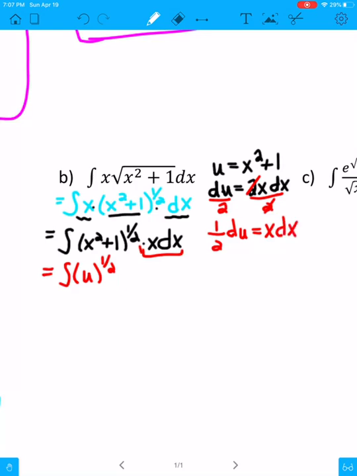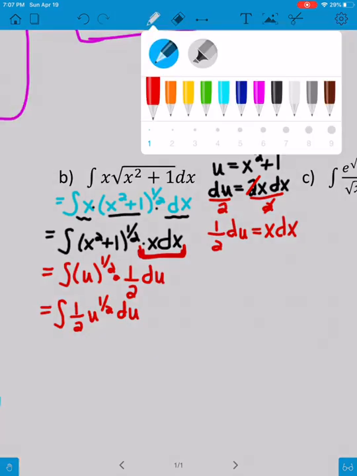So I'm going to replace x dx with 1/2 du. So I'm going to get times 1/2 du. And then with the 1/2 in the middle, it looks weird. So I'm going to write my integral symbol, 1/2 u to the half du. And now it's in a form that I can actually take the antiderivative of.